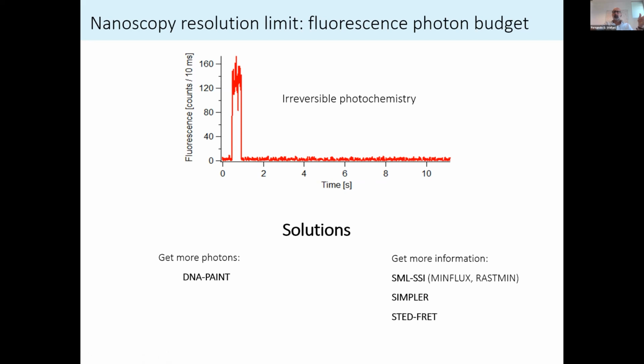So basically there is no limit anymore on the photons you can use. And the other solution is to get more information from the few photons you have. And there are also ways to do that. That's the topic of our lecture today. I will show you different ways to obtain more information using the few photons that one molecule can give.